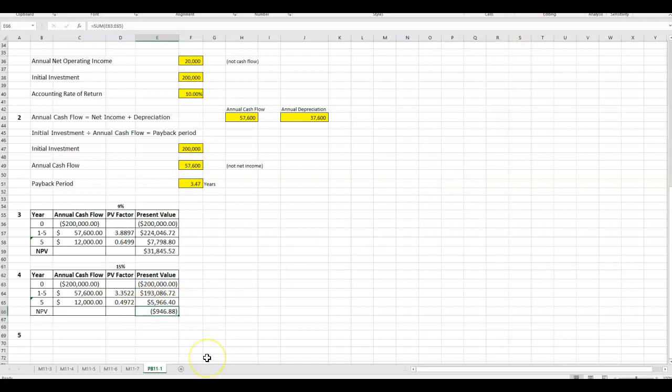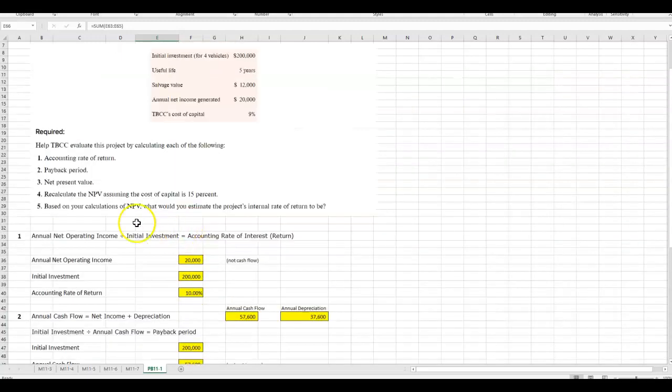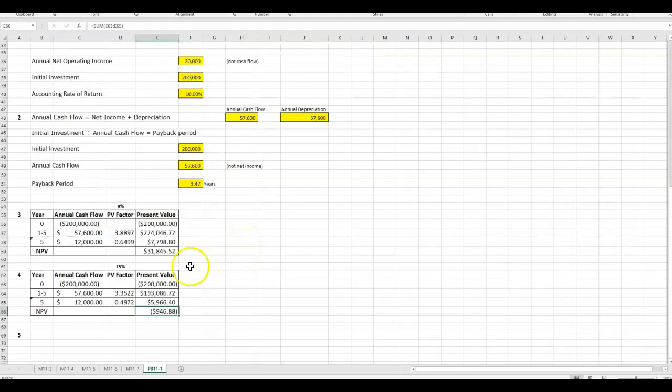We get a negative net present value. So if this were 0 at 15%, that would mean our internal rate of return would be 15%. The question says, based on these calculations, what do you estimate the project's internal rate of return to be? Well, it's not 9%, it's closer to 15%. Maybe it's 14% or 14.5%.